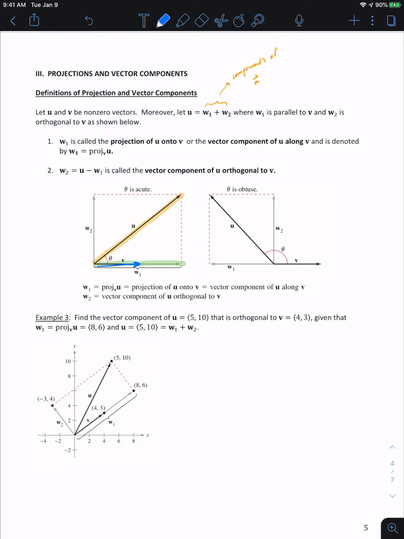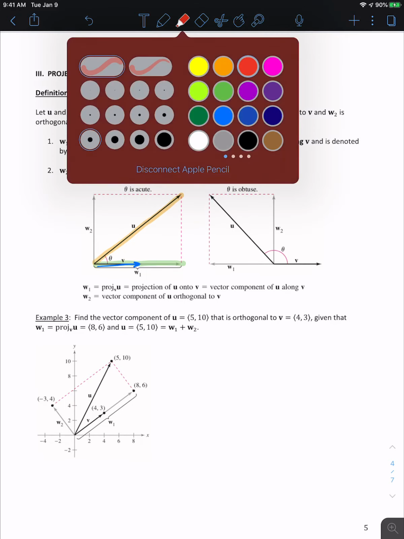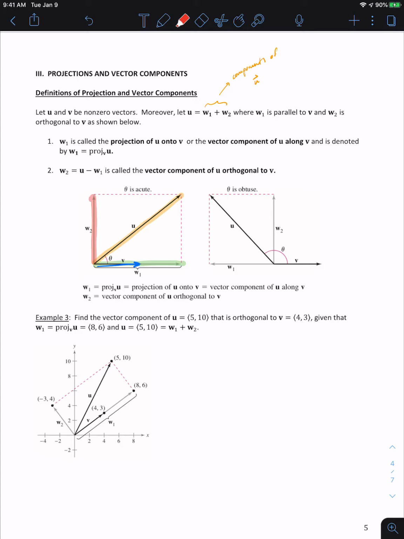So W1 is going to be the one that is parallel to V, and then W2 is going to be the one that is perpendicular to V, right? And again, W1 and W2 are called the components of U. All right, so that's kind of what we're looking at here.